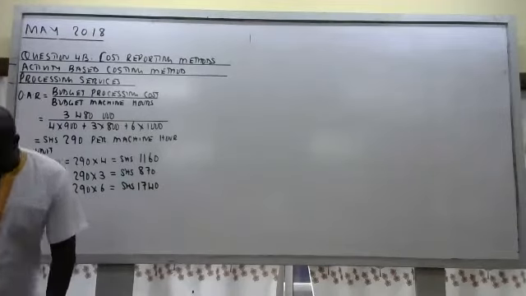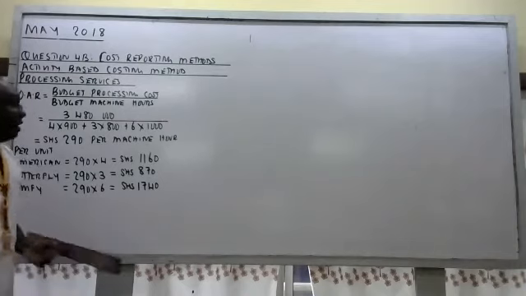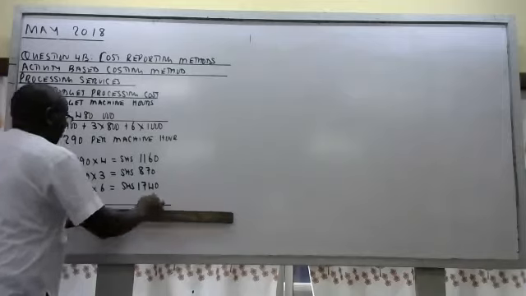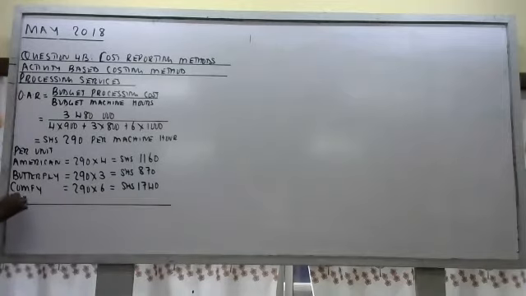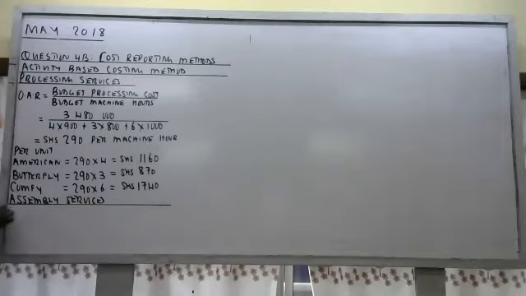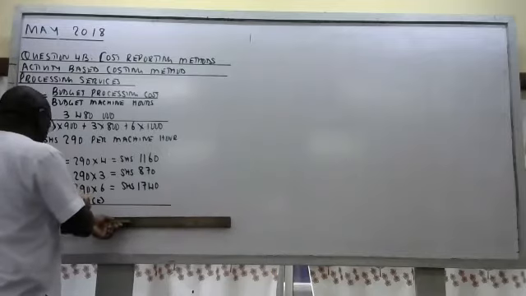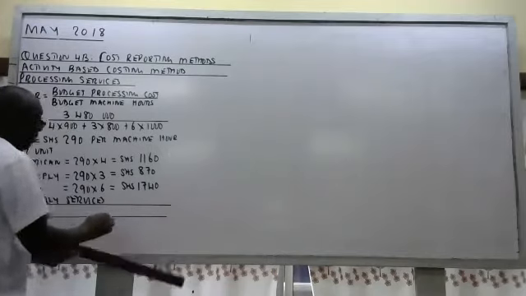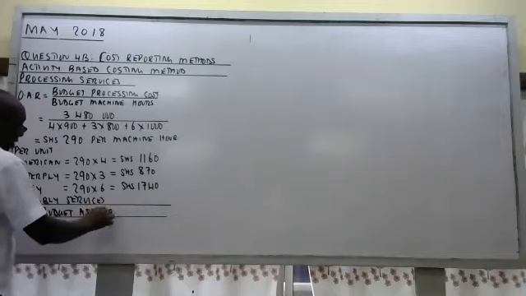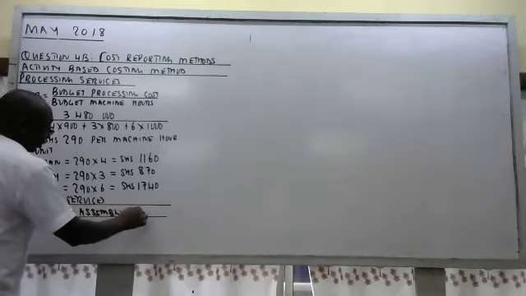So let's go to the next, assembly services. So the OAR here will then be equal to budget assembly costs, divided by budget labor hours.